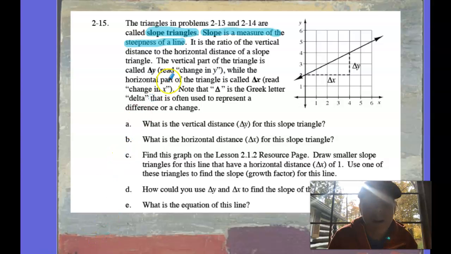The vertical part of the triangle is read as delta y, or change in y, while the horizontal, or the change in x, is read as delta x.